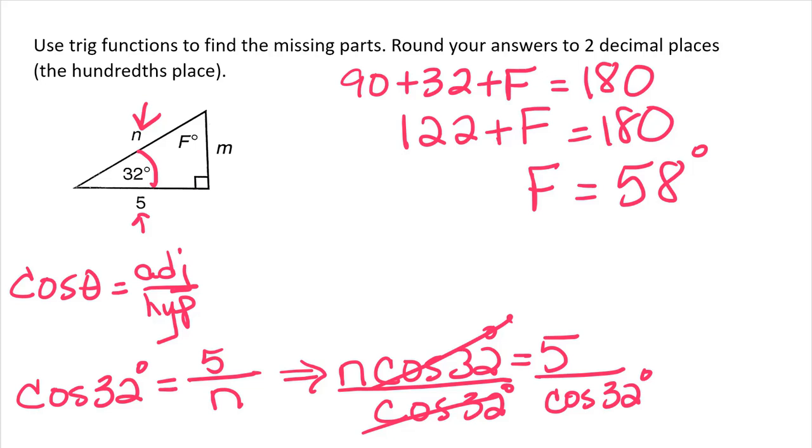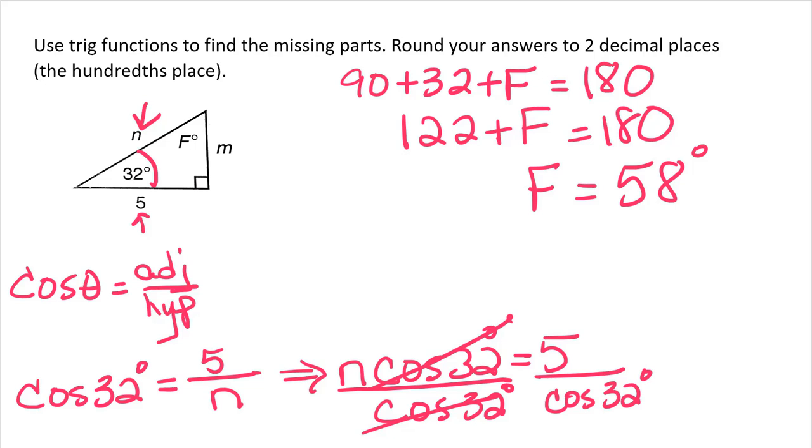So to figure this out, you have to use your calculator. There's no way for you to figure out what the cosine of 32 degrees is just thinking about it all day. The only way to do it is to use a calculator. So you're going to take your calculator, and you will do 5 divided by cosine of 32, however your calculator does that. Usually you will have to put in 32 first and then hit cosine.